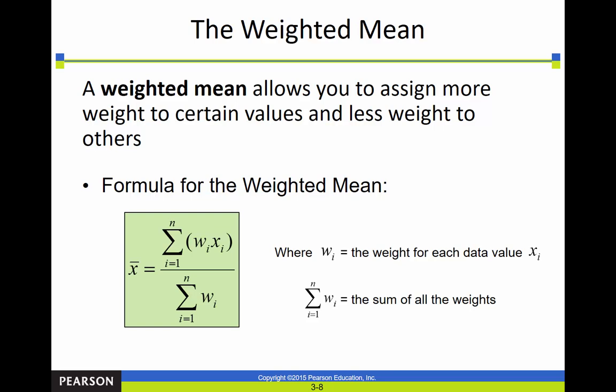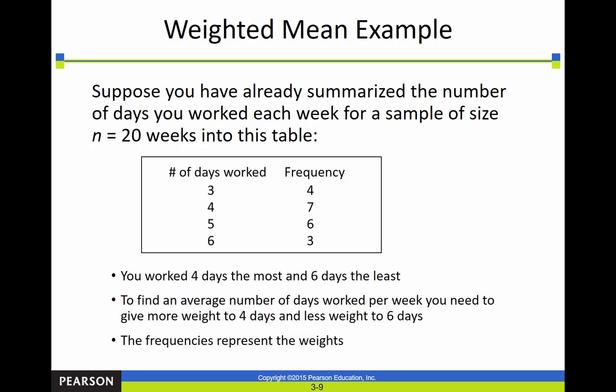So now it's the sum of W times X, where W is the weight of each data value and X is each data value. Again, these formulas make it look scary, but as you work them out, you'll realize it's not that hard. Anyway, you take the sum of the W times the X and then divide it by the sum of W. That's all.